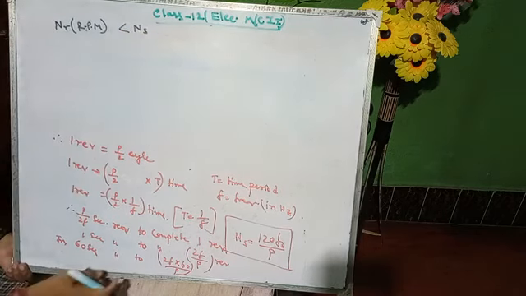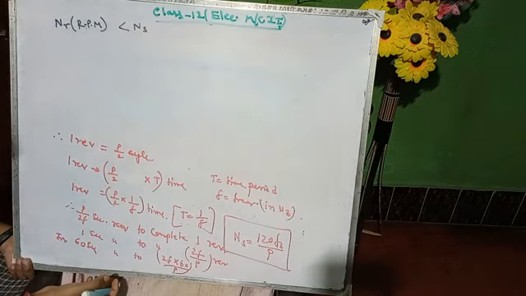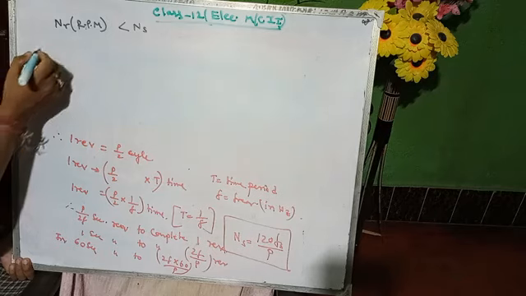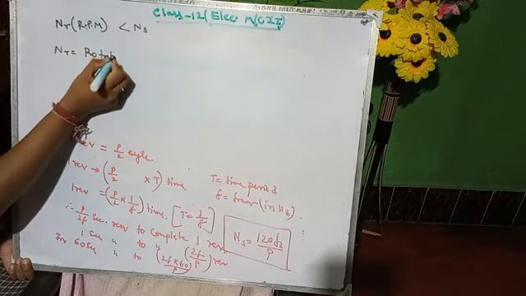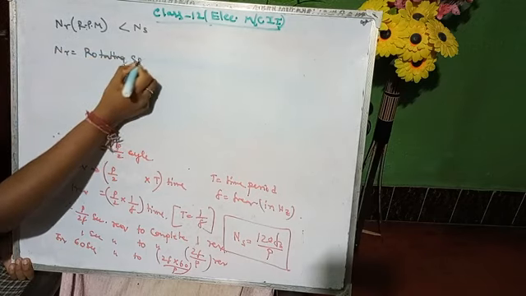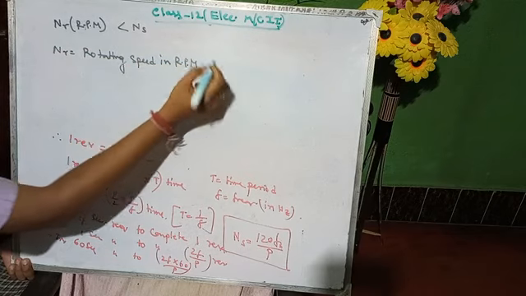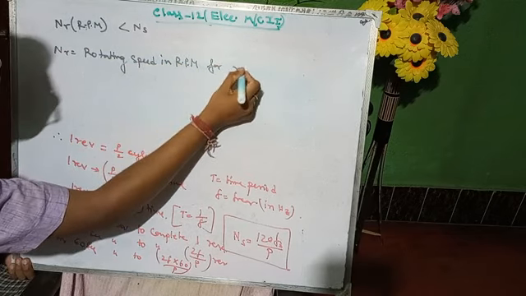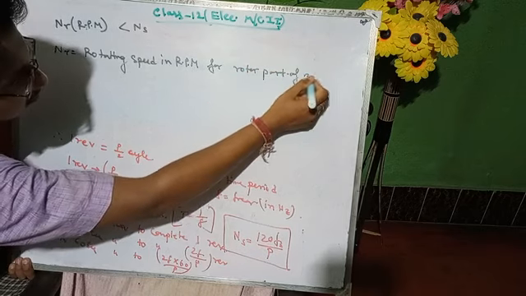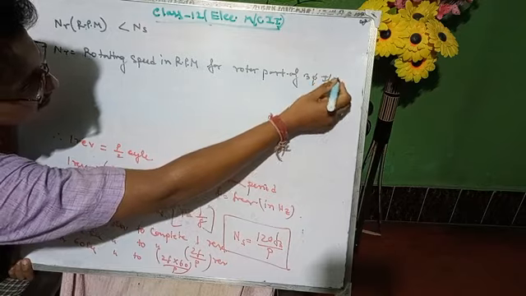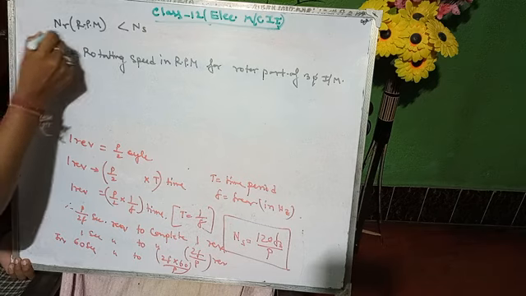That is, in a 3-phase induction motor, Nr is always less than Ns. What is Nr? Nr equals the rotating speed in RPM of the rotor part of the 3-phase induction motor. So always Nr is less than Ns.